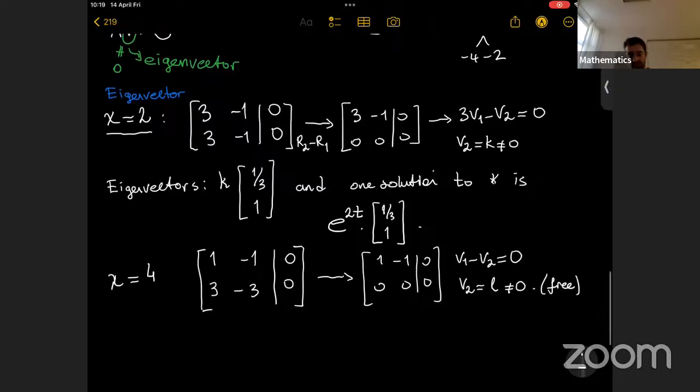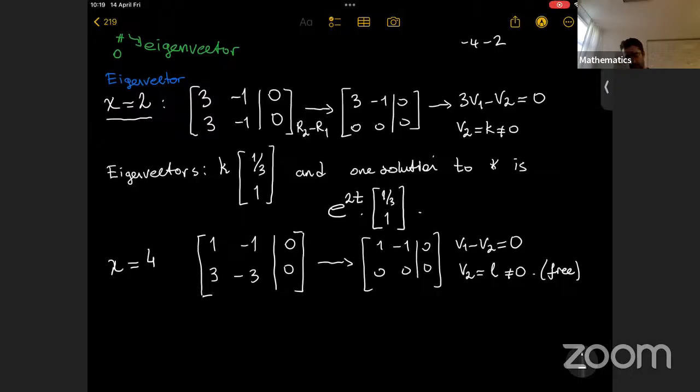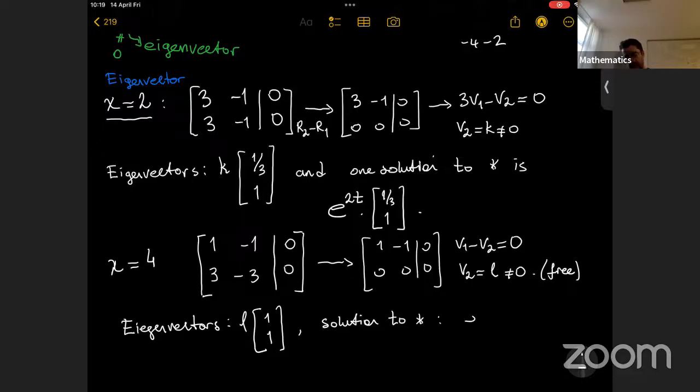So the solution is simply v1 is equal to v2, and the eigenvector is L times (1, 1). And the solution, another solution to star, is e to the 4t times (1, 1).